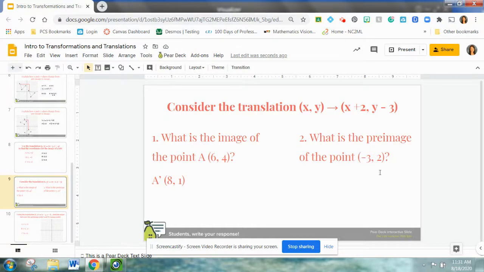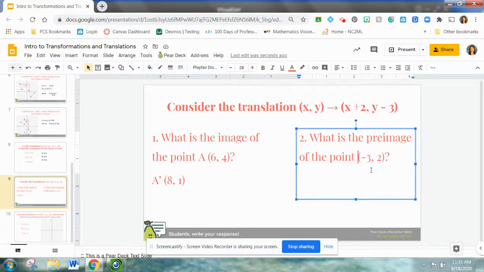Over here, we've given you the image. So we've given you B prime, and now asking you to work backwards to find the pre-image coordinate, or where I would have started to get B prime as my image coordinate. So I'm working backwards. I am doing the opposite of what I did at the beginning.